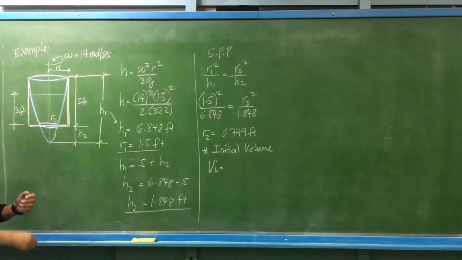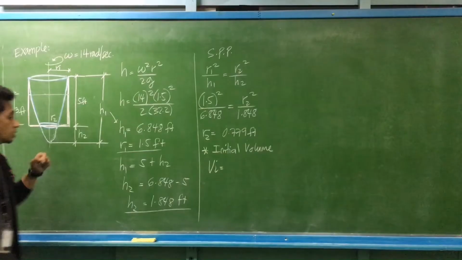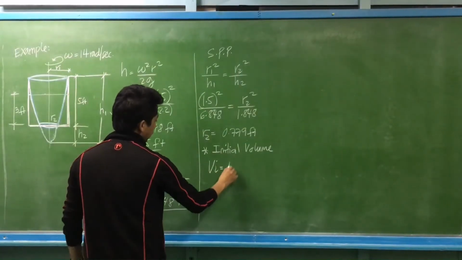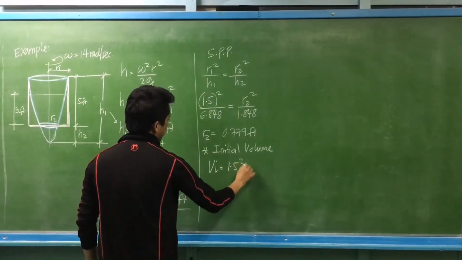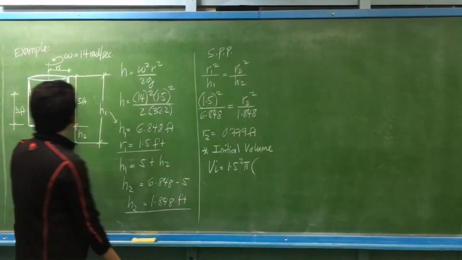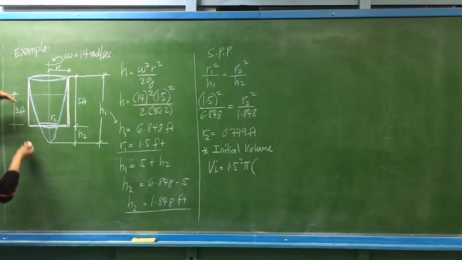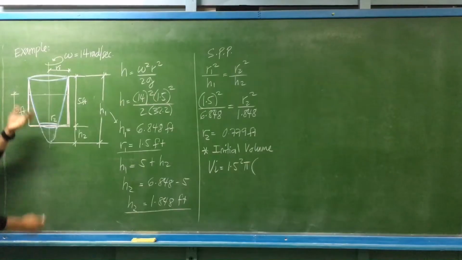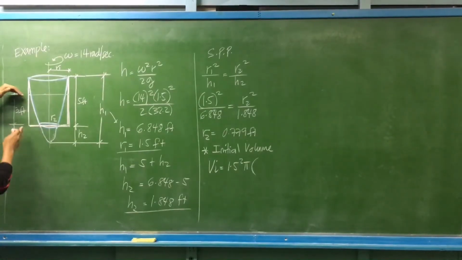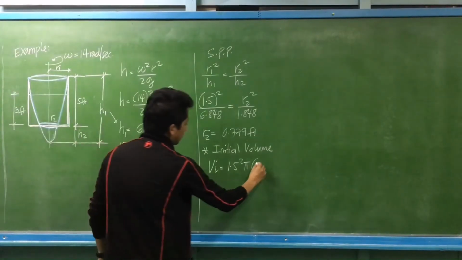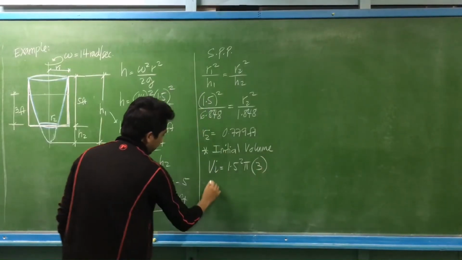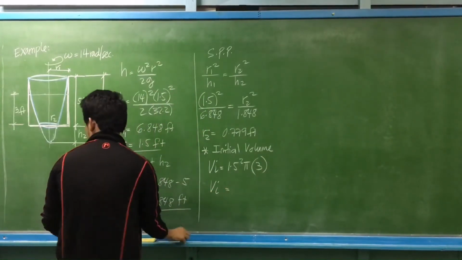A while ago, that is 3 feet high. So the volume will be, the radius is 1.5 squared, pi, that is the radius of the tank, times the initial height of water. For example, hindi siya gumagalaw, yung height ng tubig is only 3 feet. So let's see what will be the initial volume.